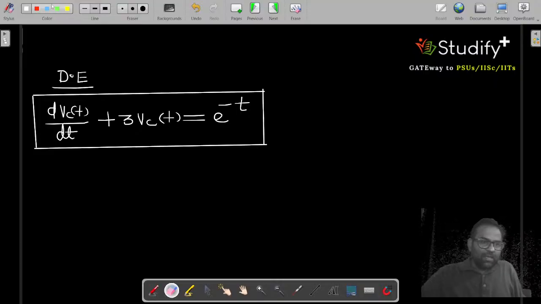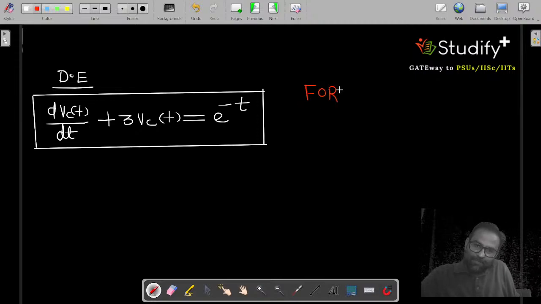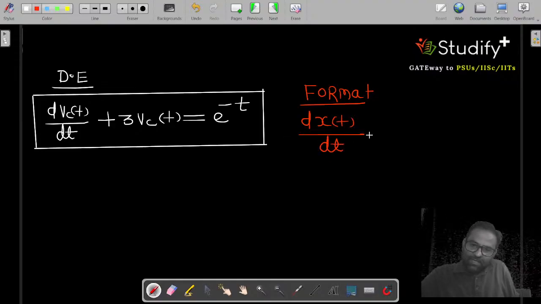Correct? Now we know the format of the differential equation is this: dxt divided by dt plus p times xt equal to q. I am writing it again and again so that you can remember it.